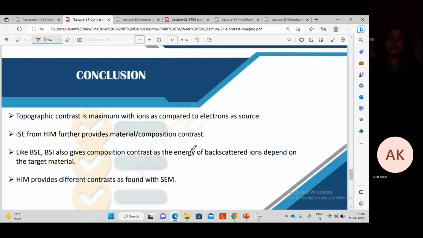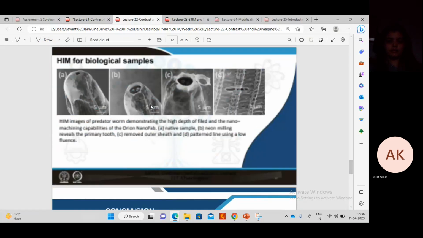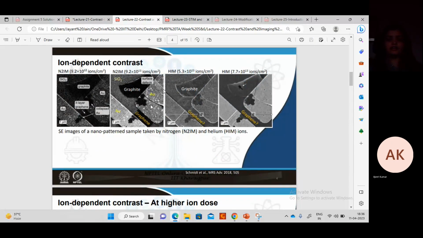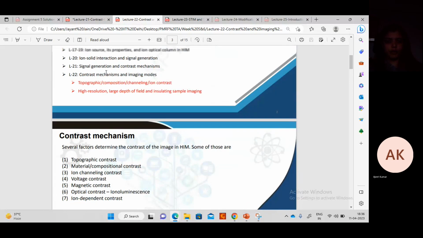As you can see, nitrogen ions will give better contrast compared to helium ions in one of the samples that was shown. So for getting the BAC image, it is always better to get it in SEM mode, with the electron beam, not the ion beam. That is one point.